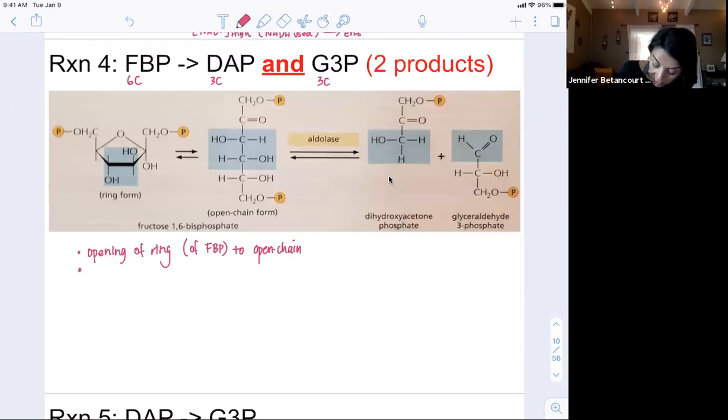And then it cleaved or cut or hydrolyzed the covalent bond between carbon 2 and carbon 3. Okay. And that's essentially just what happened. And then this to make DAP and G3P.